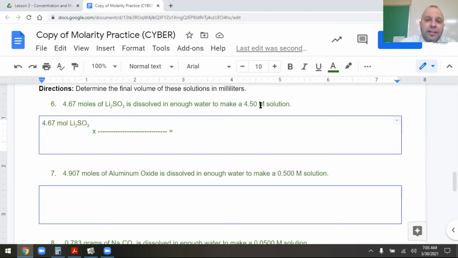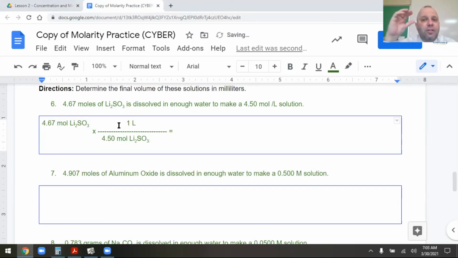Well, remember, this capital M that we have up here actually represents moles per liter. So we're going to start off on the top by saying that we have 1 liter because we need moles to cancel out. So that part needs to go on the bottom. And on the bottom here, we're going to have 4.50 moles of Li2SO3.